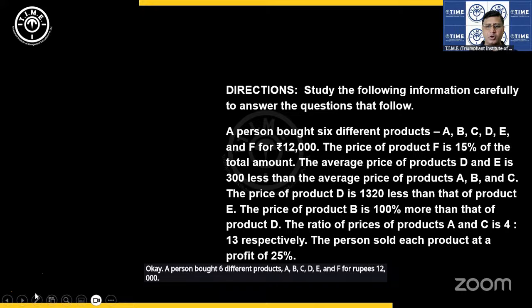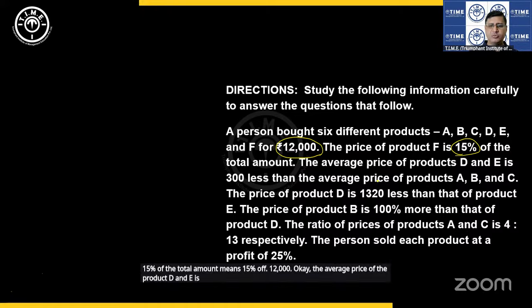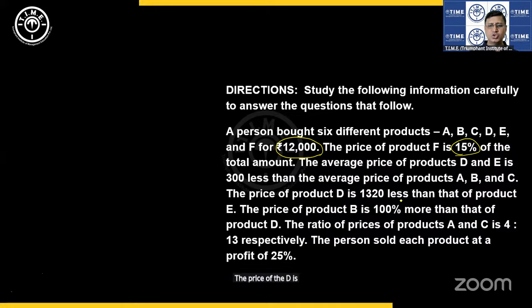The price of the product F is 15% of the total amount. 15% of the total amount means 15% of 12,000. The average price of the products D and E is 300 less than the average price of A, B, C. The price of D is 1320 less than that of the product E. And the price of product B is 100% more than D. And the ratio of the price of the products A and C is 4:13 respectively.